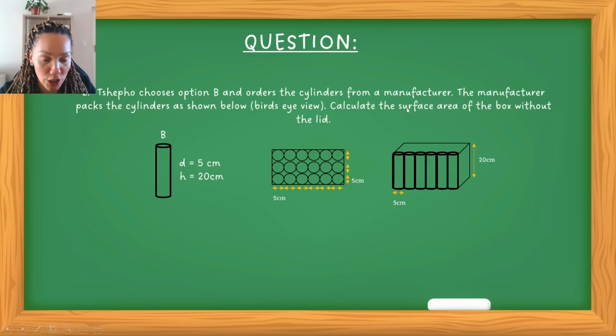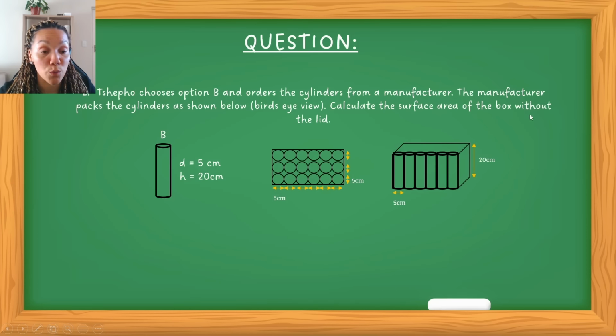They're not packing cylinders on top of each other, and there are 6 cylinders next to each other. If we calculate the dimensions of this box, remember this is now a rectangular box, and I want to know the surface area without the lid. So we are going to calculate this area based on the information. This is front and back, and then there's left and right, and then there's only a bottom and no top.